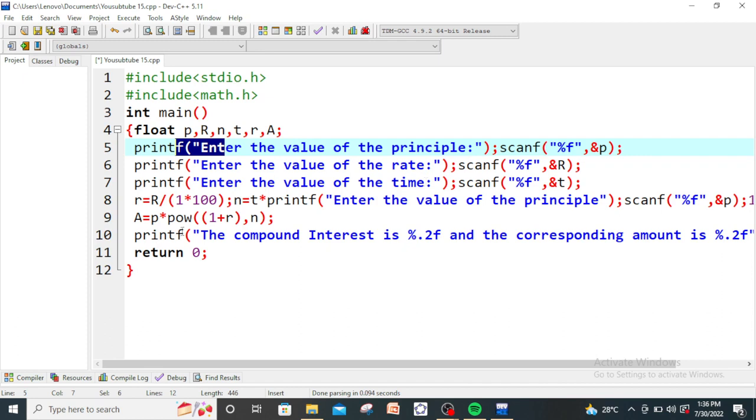Now here is certain modification. Here you see r, small r by 1 into 100. This 1 stands for the number of times in a year the compound interest is added. In this program I have assumed that compound interest is added annually.